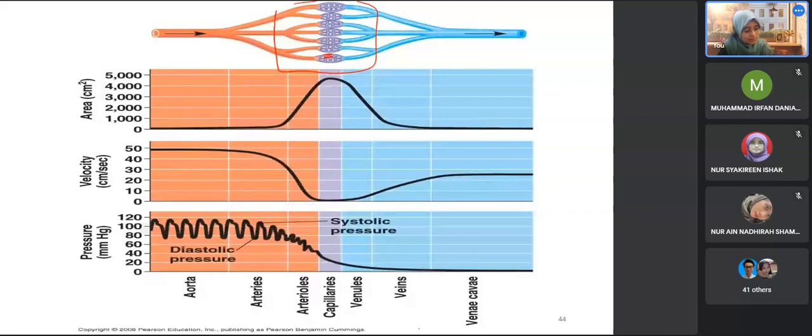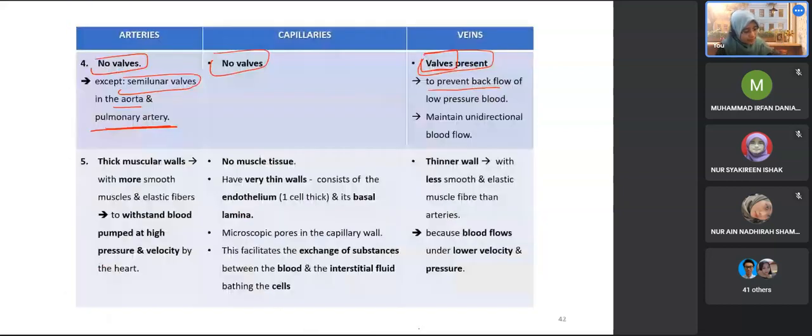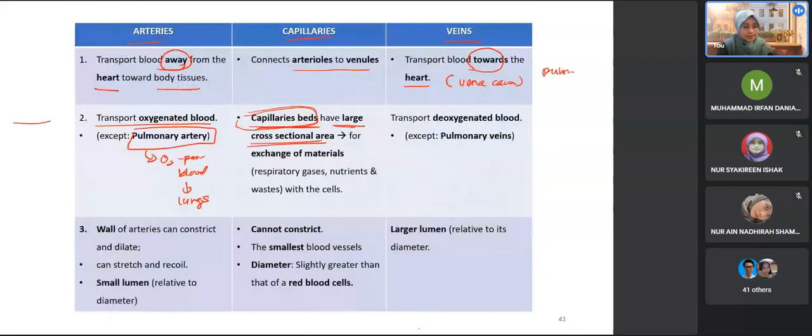Kita consider dia as capillary beds. The capillary bed will have a large cross-sectional area to make sure there is efficient exchange of materials, including respiratory gases, nutrients, and also wastes with the body cells.